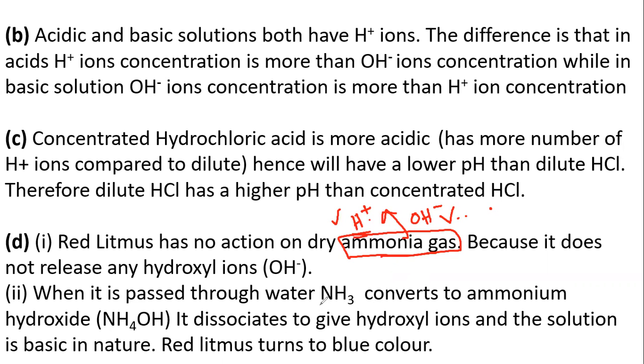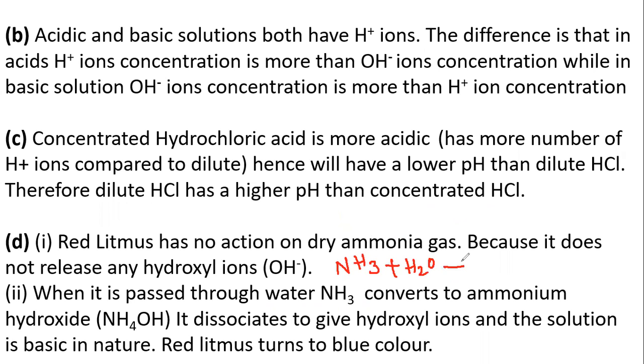Then, when you pass ammonia gas through water, ammonia gains the capacity to produce OH minus ions. Just have a look at this reaction. Ammonia reacts with water to form ammonium hydroxide, NH4OH.